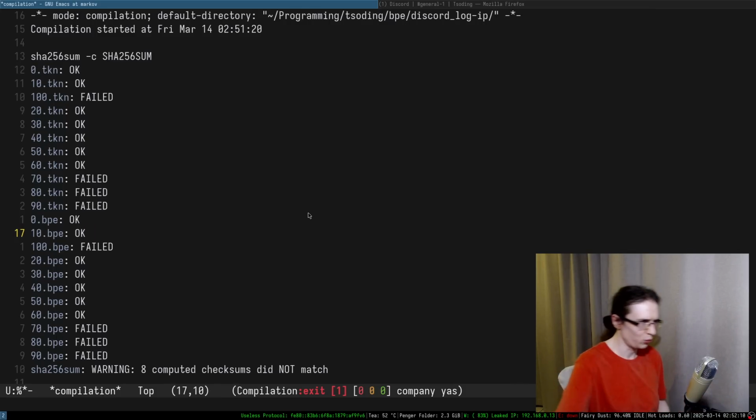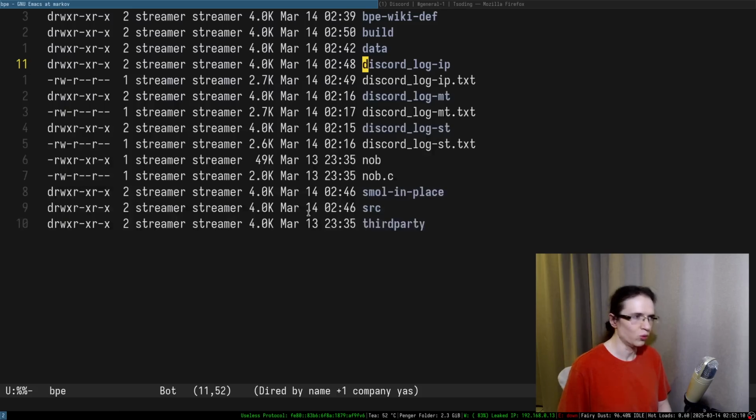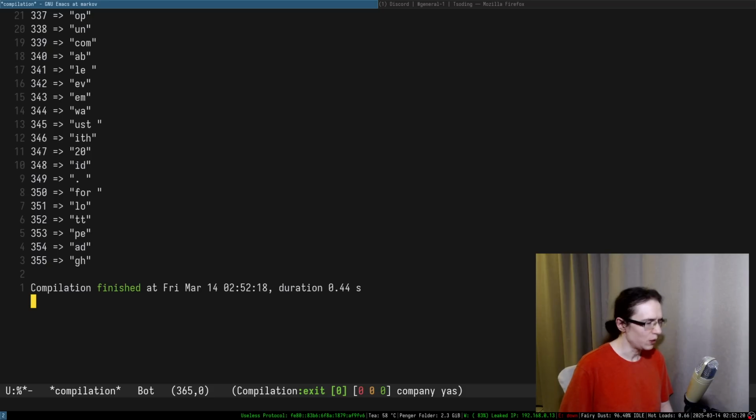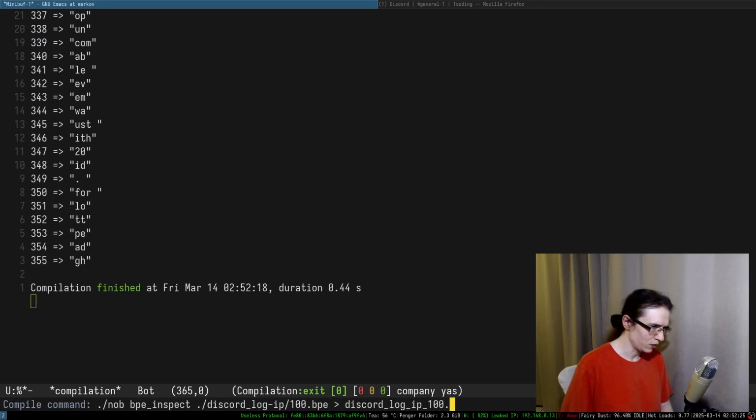Okay, but it makes sense, right? We look at what kind of tokens are stored in the BPE, and it does make sense. If I do BPE inspect, we can output this kind of stuff. So Discord log IP 100 BPE txt.